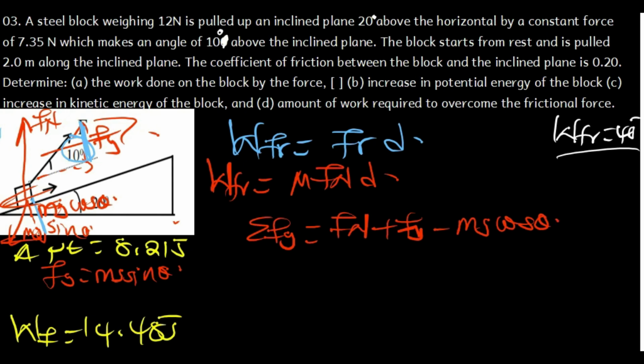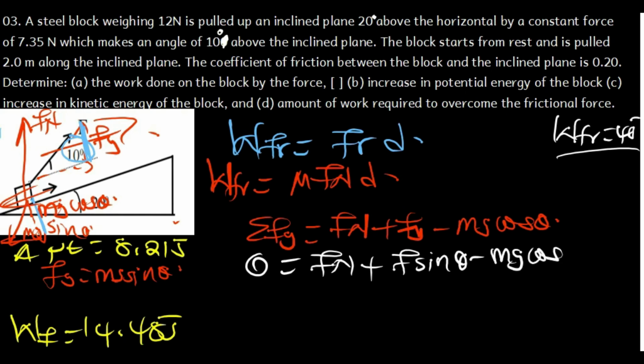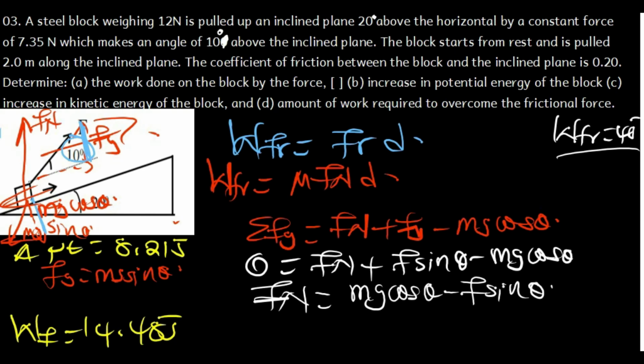Since we don't have any motion in the y direction, the net force is 0. We know that Fy is F sine theta, where theta is 10, but for the mg cos theta, theta is 20. Now we shift these two to the other side. We are going to have the normal force equal to mg cos theta minus F sine theta.